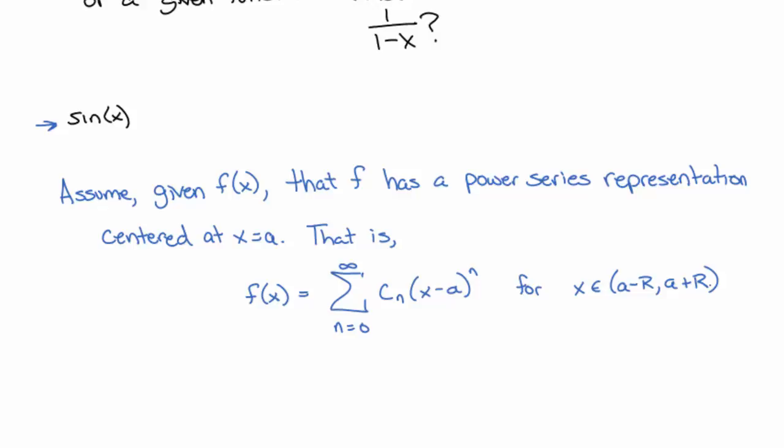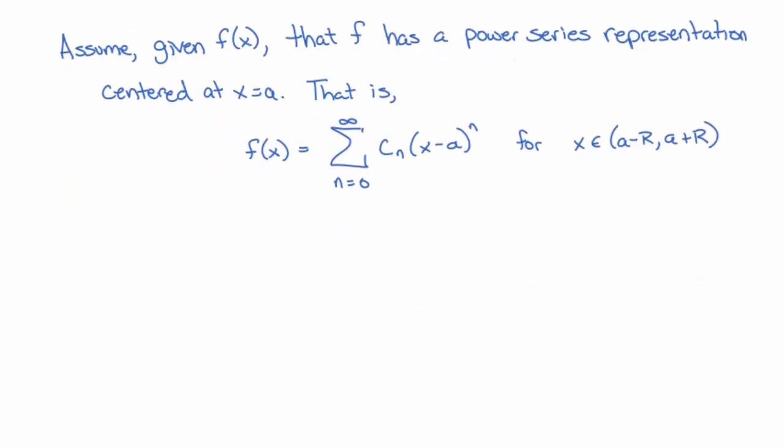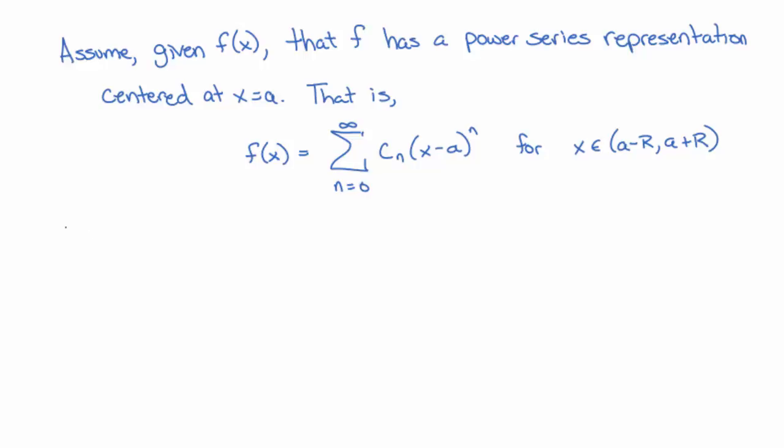That's assumption number one. The second assumption is also critical. We're going to assume that all derivatives exist at a. That is, the first derivative at a exists, the second derivative at a exists, and so on, for all n in the natural numbers. If you want to review that notation, please look it up.